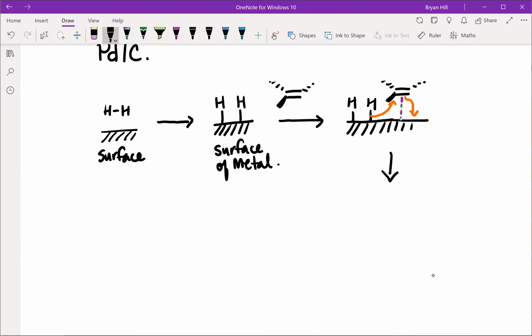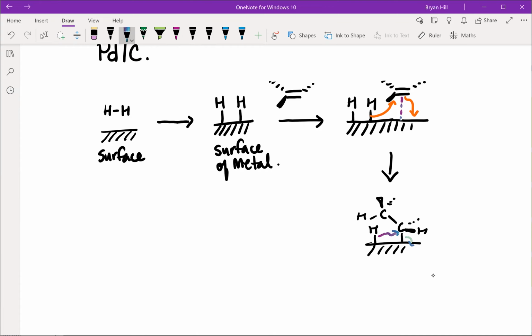So you would have your carbon with a bond to a proton here. You'd have another H. And then you're going to end up breaking this bond with the metal, so these electrons would go back onto the surface of the metal.